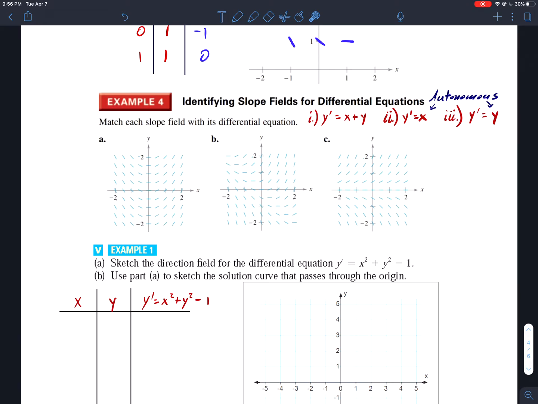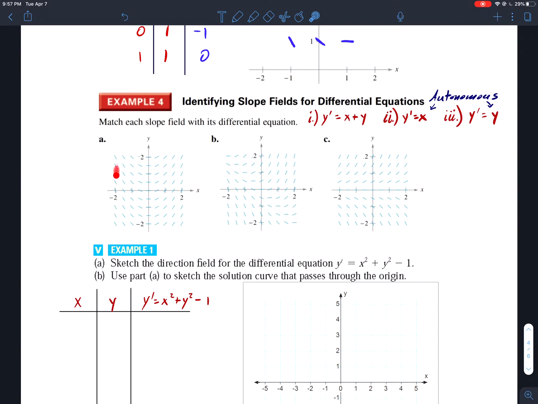So for instance, if I look at A, it looks like all of the values along x equals negative 2 have the same slope, and all of the values at x equals, it looks like, negative 1.5, and all the values at x equals negative 1. In a vertical line, all of the slope values are identical.